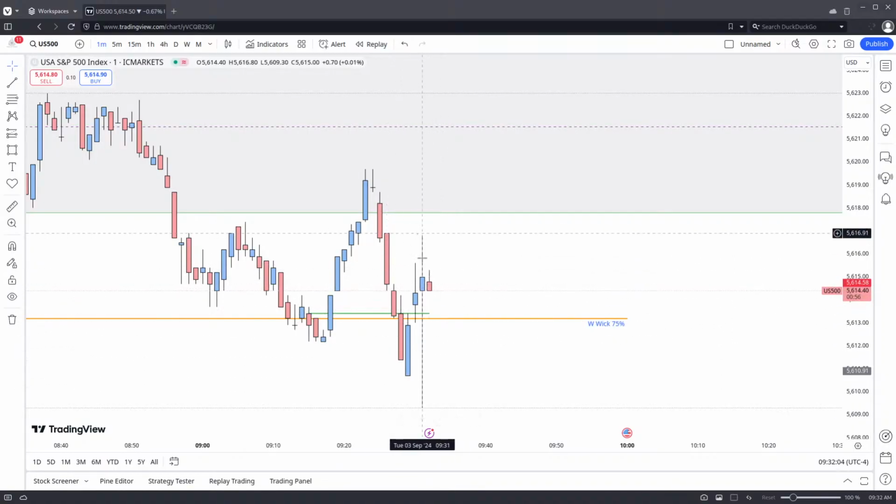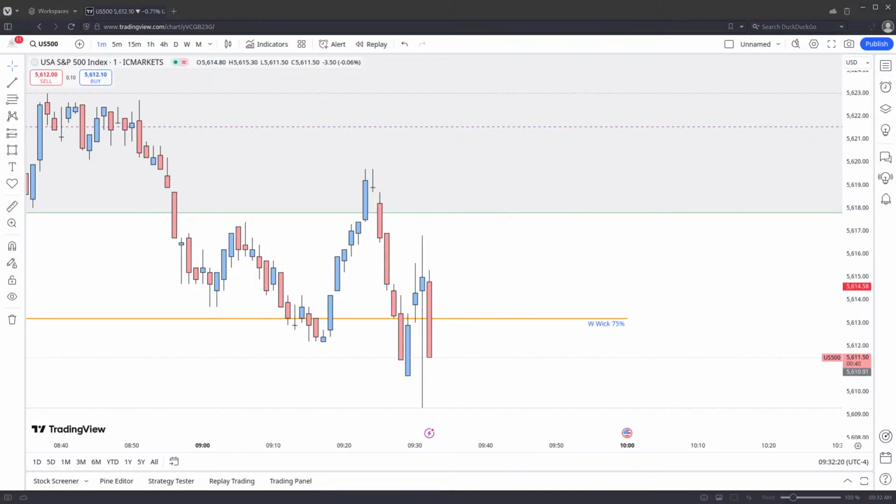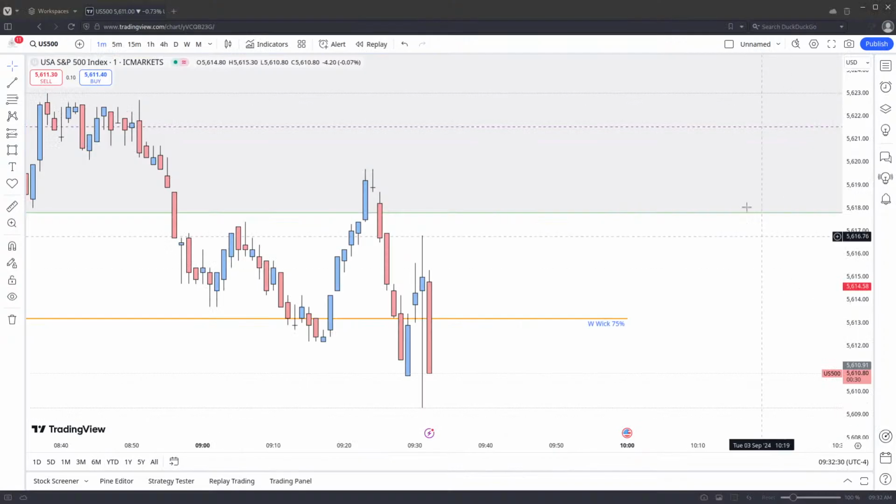We did come back and closed above this. I just don't like this. Just sit and wait. Still pushing down lower. Look at NAS. So we're still waiting here.